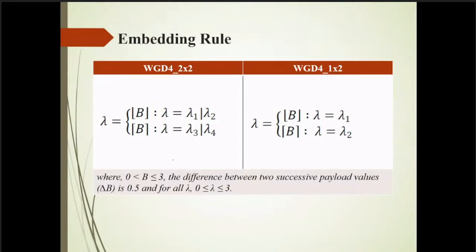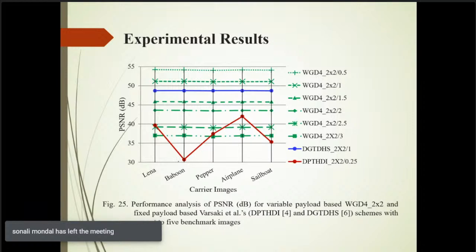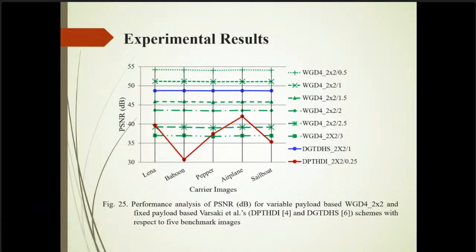This is the embedding rule, and you see what is the result? This fascinating result of this group transformation based embedding. You see, I have used the same payload, 0.5 to 3, but even at payload 3, for only one image, the baboon image, normally the baboon image is a typical image, in all other cases our PSNR is coming above 35.